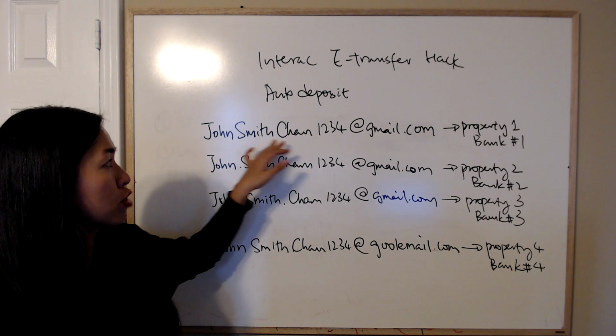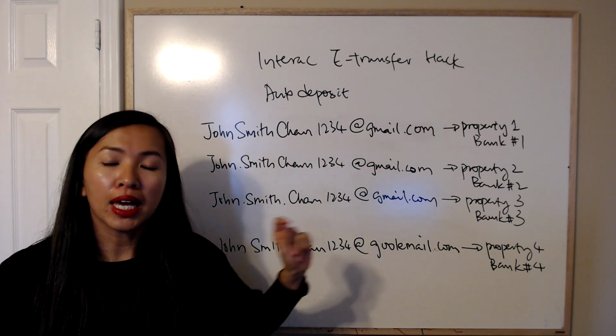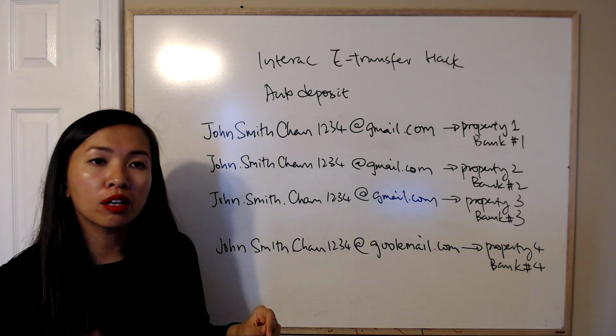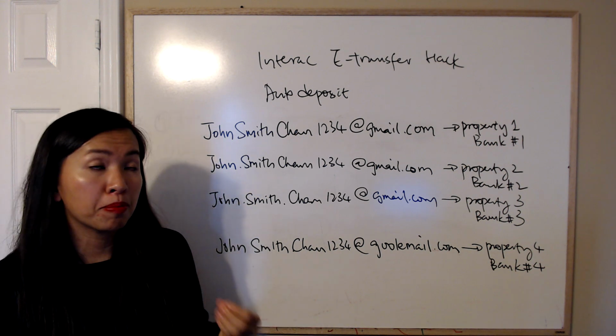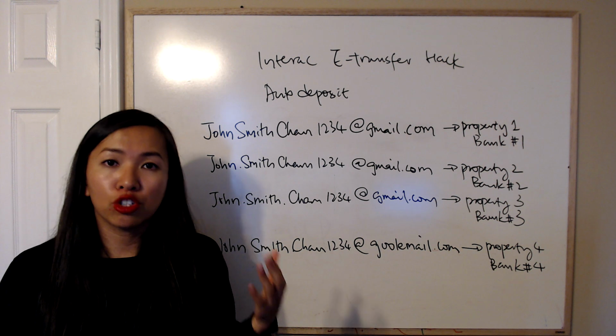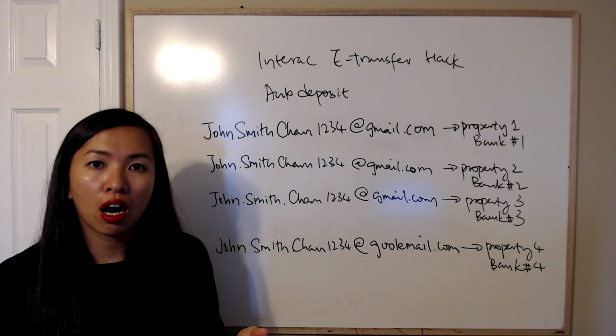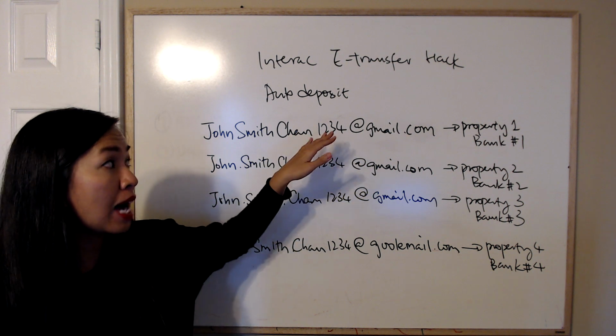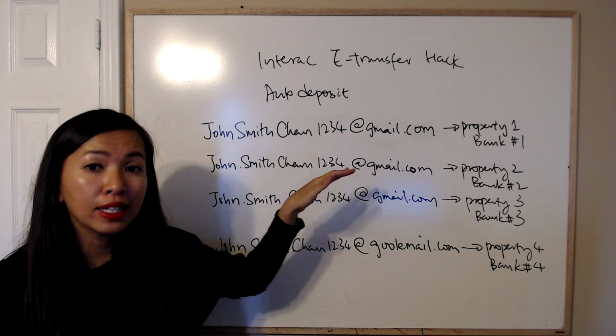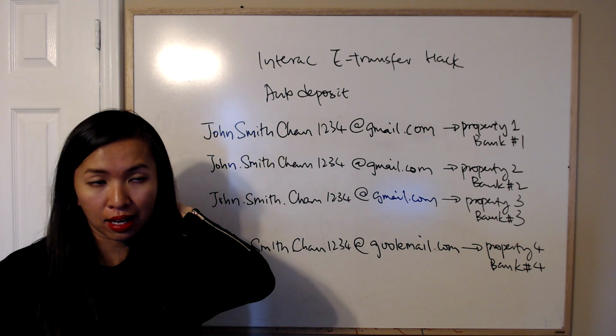Let's say johnsmithchen1234@gmail.com is the email address and you turn on the auto deposit. What it means is that all the e-transfers sent to that address are deposited directly to the bank account that John Smith Chen has set up.